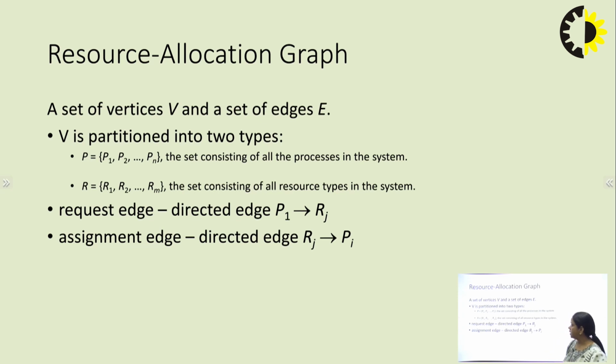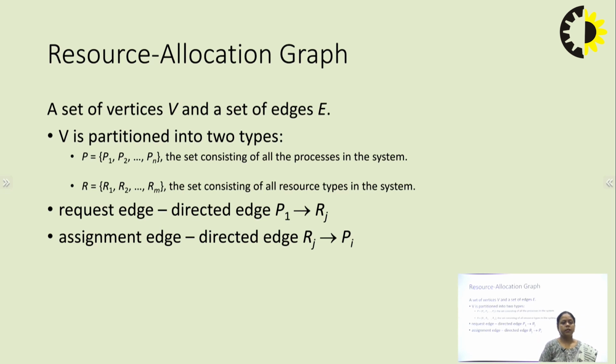You can see here, P1, P2 up to Pn are the set of processes, and R1, R2 up to Rm are the set of resources. And next is the request edge. This is the request edge. You can see the directed edge from P1 to resource R. If a particular process is requesting a resource, then we can show it like this with the help of a request edge.